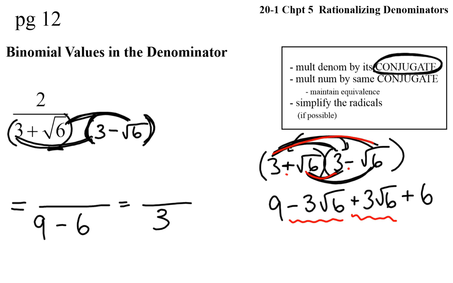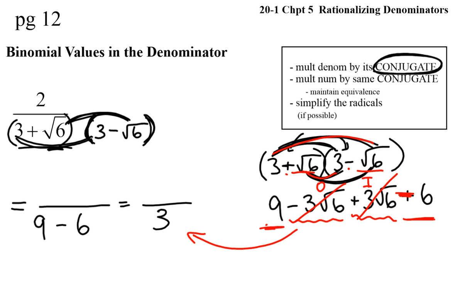Because of the conjugates, the O and I in FOIL will always cancel out for conjugates. So we're left, whoa, sorry, this should be a negative 6, my bad. Root 6 times negative root 6 is a negative 6. But with that being said, we end up with 9 minus 6, which is our 3.